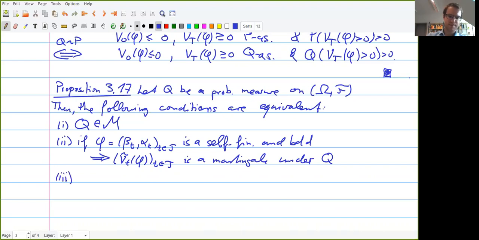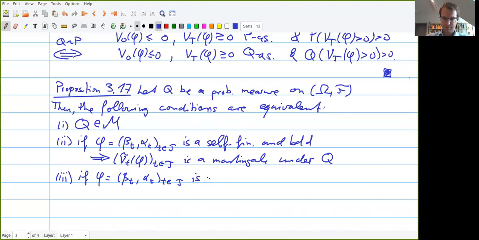The third one is, if again I have a trading strategy which is self-financing, I don't want to trade only with bounded trading strategies, so I want to have this more general.